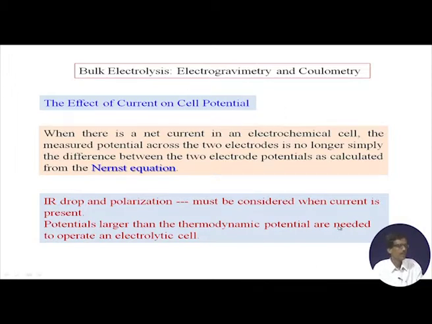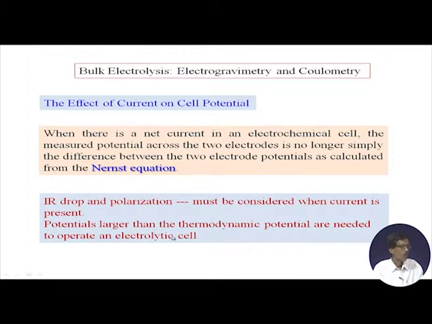That means current is there and current is passing through the electrodes, and potentials larger than thermodynamic potentials are needed to operate an electrolytic cell. So, when we have IR drop and polarization, these are the two basically reducing things which can also go against the corresponding potential value.